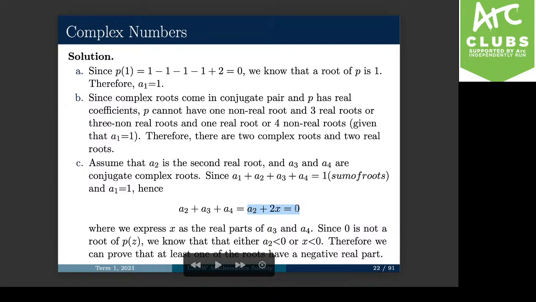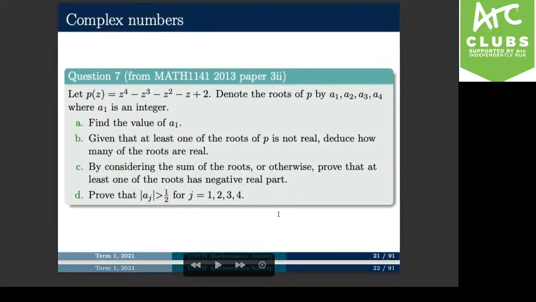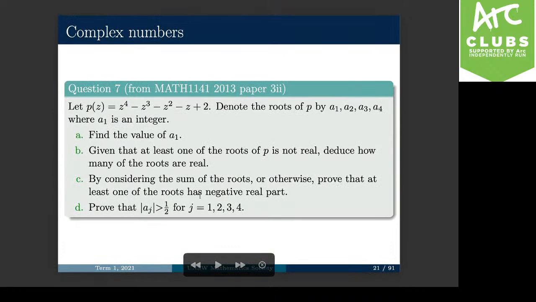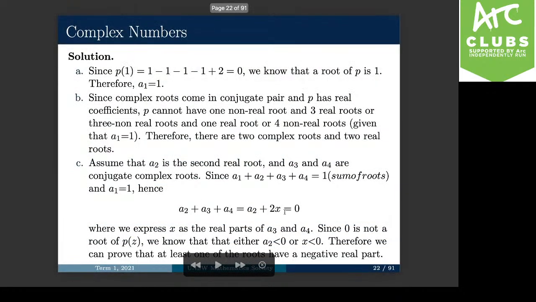Otherwise, how can we get 0? So either A2 has to be less than 0 or x has to be less than 0. So we are able to show that at least one of the roots has a negative real part. A3 and A4 might have a negative real part, or A2 might have a negative real part. Yep, so these are the possible cases over here.